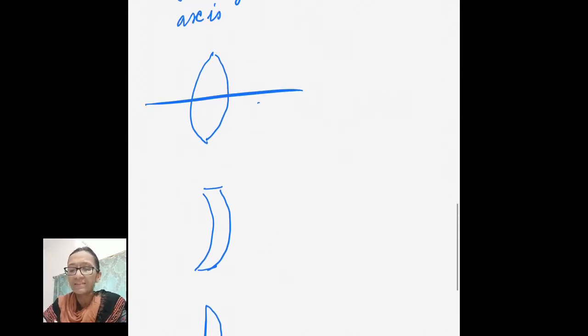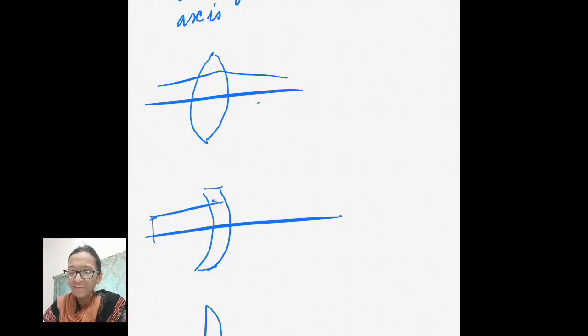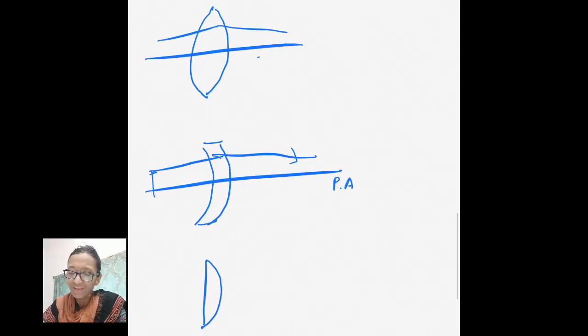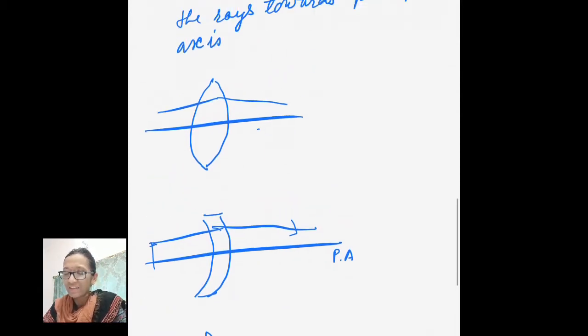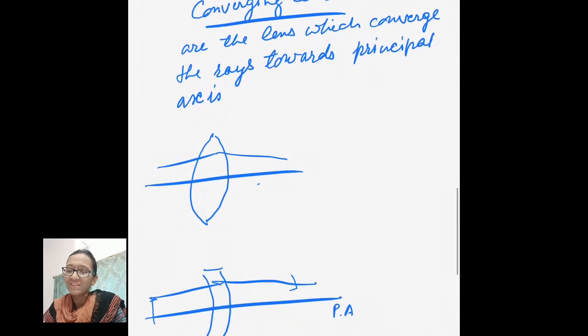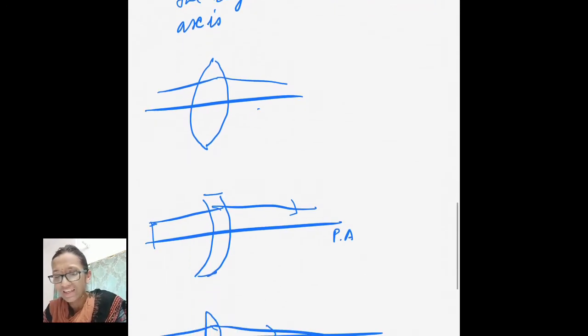In all the cases when ray falls it will bend towards principal axis. It bends towards downward direction, towards principal axis only. In this case also the ray will bend towards principal axis. So such lenses are called converging lenses.